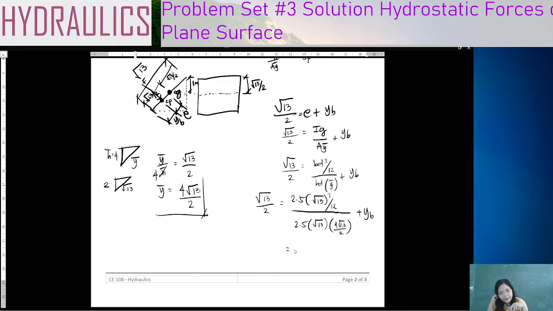So, equating that, we have square root of 13 over 2 minus 2.5 by square root of 13 raised to 3 over 12 divided by 2.5 by square root of 13 by 4 square root of 13 over 2.